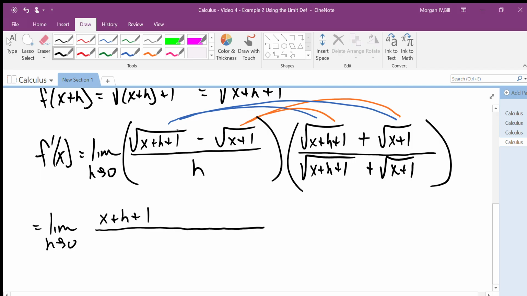The square root of x plus h plus 1 times the square root of x plus 1, I'm going to need a bigger line here. The square root of x plus h plus 1 times the square root of x plus 1. That's okay, because look what happens next. Minus the square root of x plus 1 times the square root of x plus h plus 1.